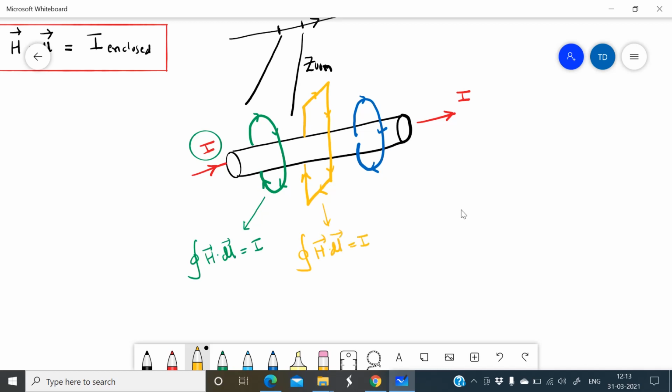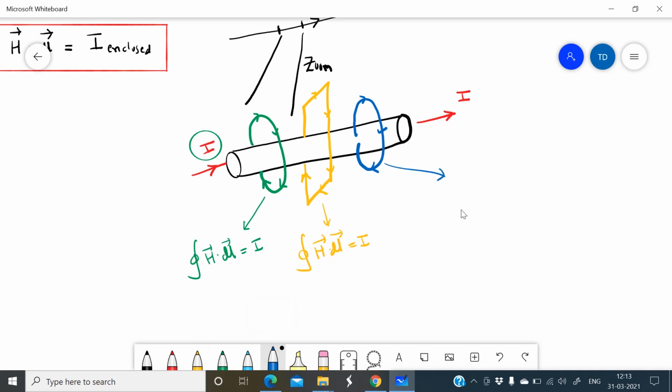Please don't be confused, this closed path is not your magnetic flux. I will consider this an Amperian path. The magnetic flux is present around here, but I will just take one closed path. Now what about this blue path?